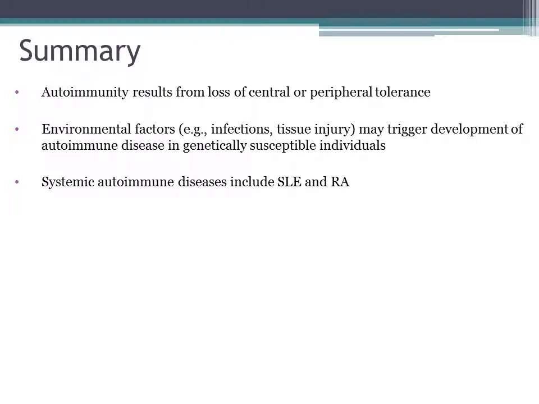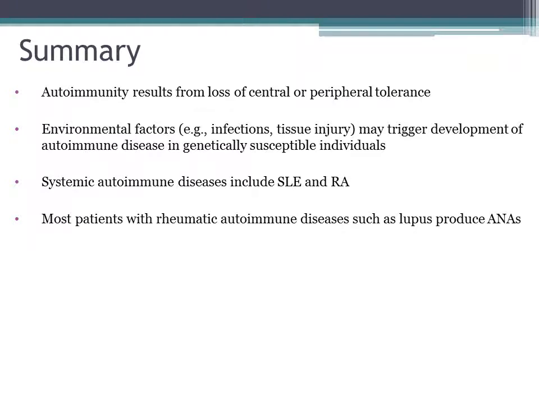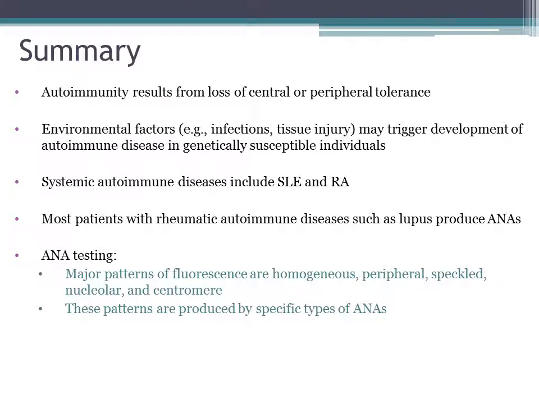The systemic autoimmune diseases that we looked at include systemic lupus erythematosus, or lupus, and rheumatoid arthritis. Most patients with rheumatic autoimmune diseases such as lupus produce ANAs, anti-nuclear antibodies.